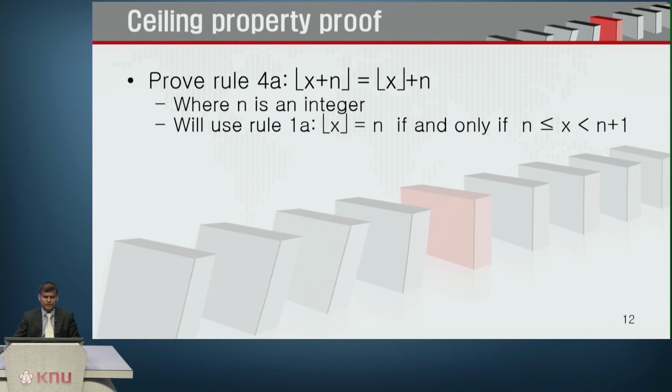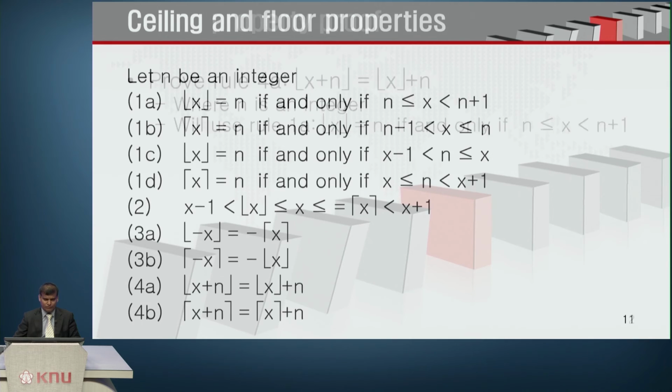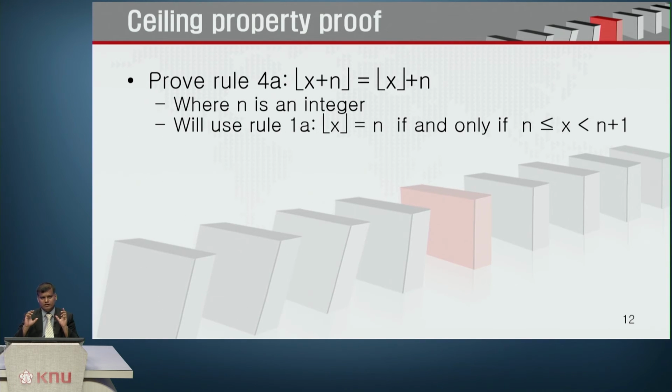Let's try to do some parts with the rules. Let's see rule 4a, which is the floor of x plus n equals the floor of x plus n. We are taking that rule here, where n is an integer, and we will use rule 1a as well, which is the floor of x equals n if and only if n is less than or equal to x and x is less than n plus 1.